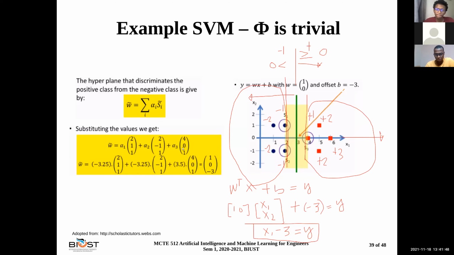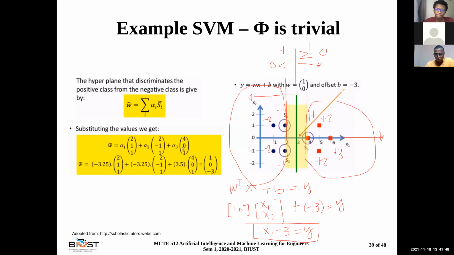Just like in this case, your red squares are inside this circle, and then your blue triangles are there. There's no way we can separate them linearly. If you draw a line here, they're not separated linearly.